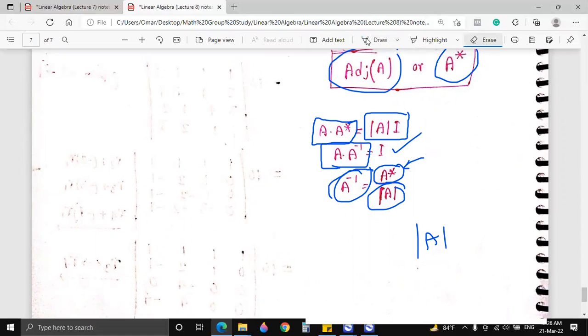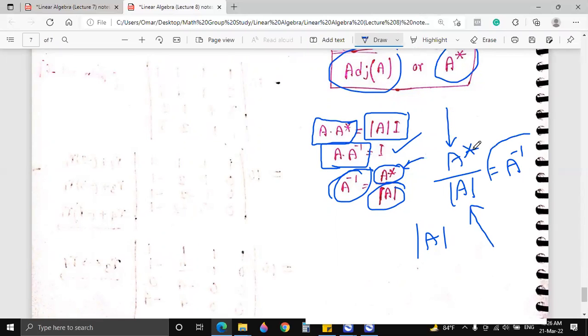This is the adjoint matrix, this is our determinant, and this is our inverse matrix.